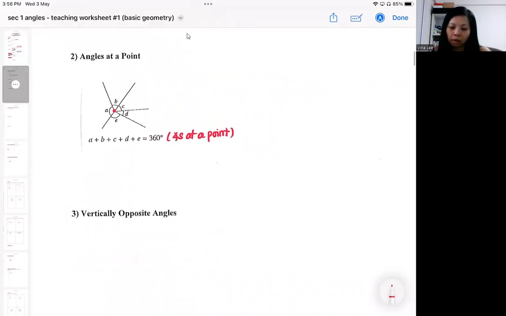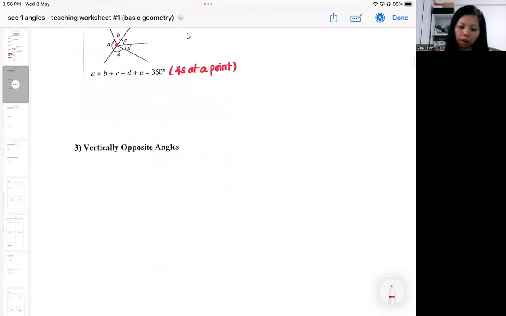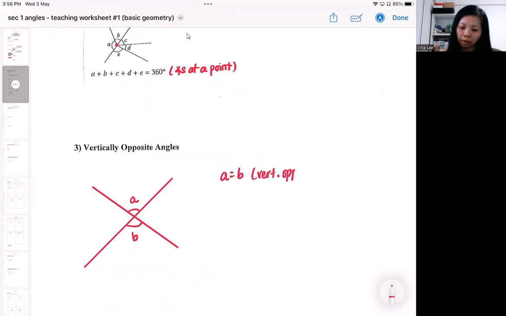Okay, and then another one that you learned in primary school is vertically opposite angles. Vertically opposite angles must happen when there are two straight lines. Usually the question will tell you two straight lines. So for example, here, this will be equal to this. Why are they equal? Because they are vertically opposite angles.